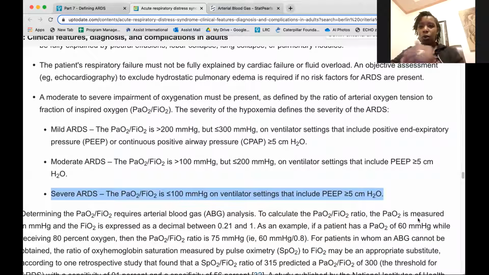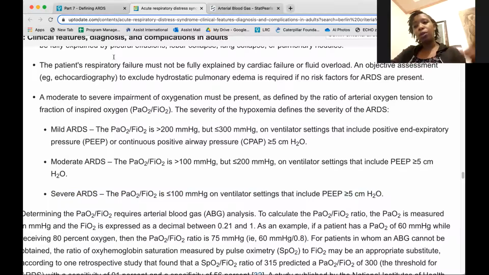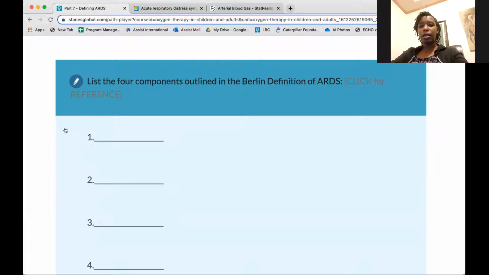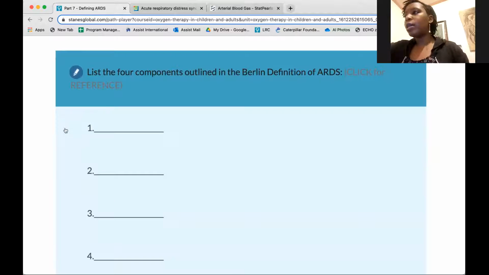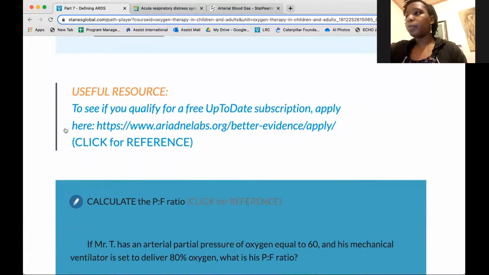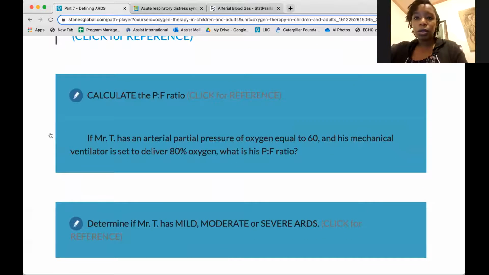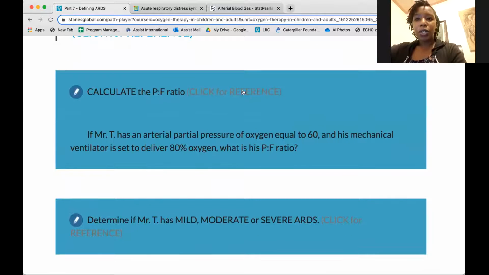So we'll go back to our question and we'll be able to calculate this and see where we are at with Mr. T. So calculate the PF ratio. If Mr. T has an arterial partial pressure of oxygen equal to 60, and his mechanical ventilator is set to deliver 80% of oxygen, what is his PF ratio?